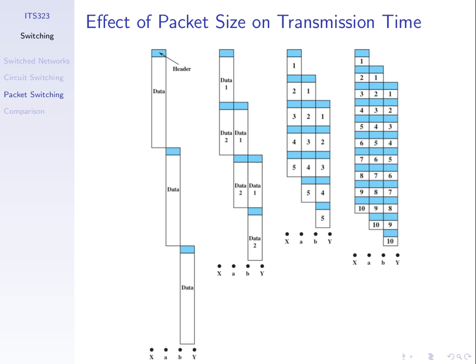In the last case, the source transmits 10, and while that's happening, these 9 are being transmitted from A. So there's this extra time for A to transmit the 10th one to B, and similarly the 10th one from B to Y. So you can count there are 12 transmissions from the start time to the finish time. 12 times our packet size of 200, 2,400 is the total time.